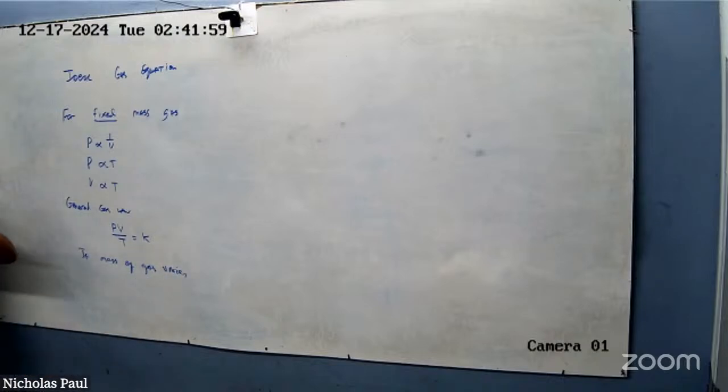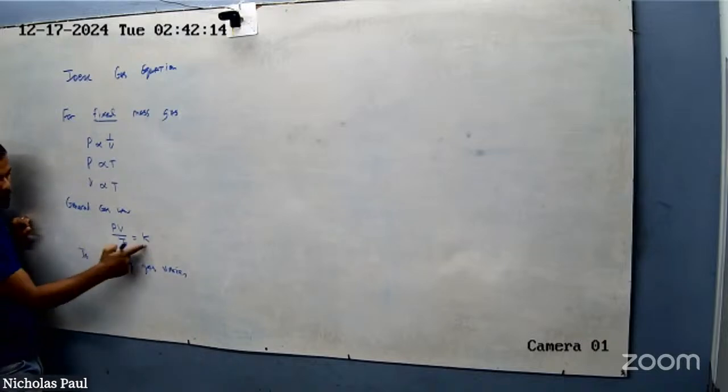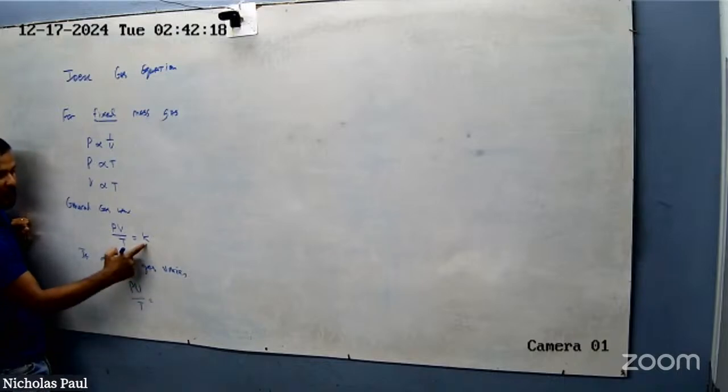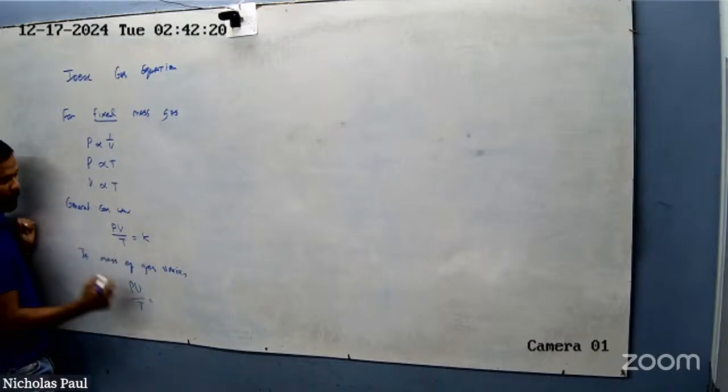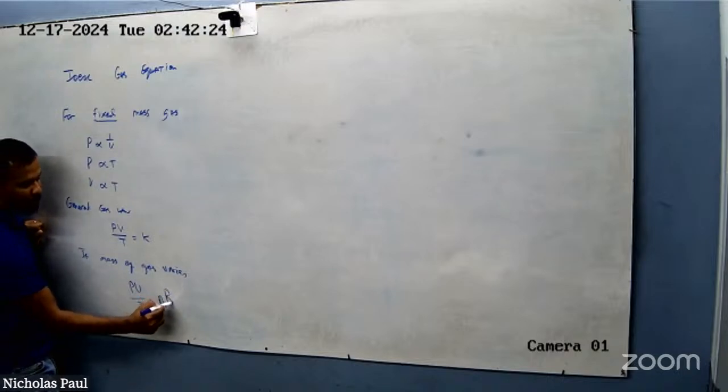If I keep adding in gas, we have to consider the amount of moles, or the number of particles. So now PV on T will no longer be equal to K. It will be equal to the number of moles times a constant called the molar gas constant.